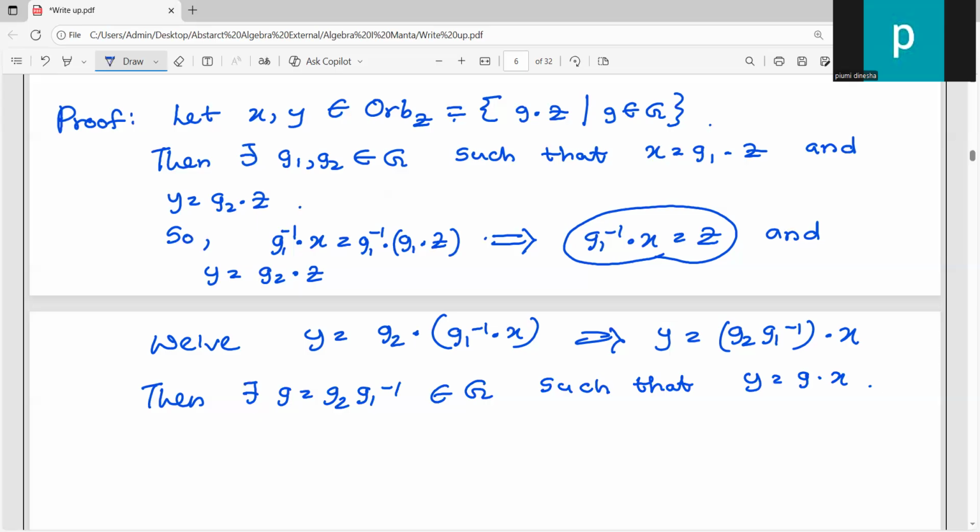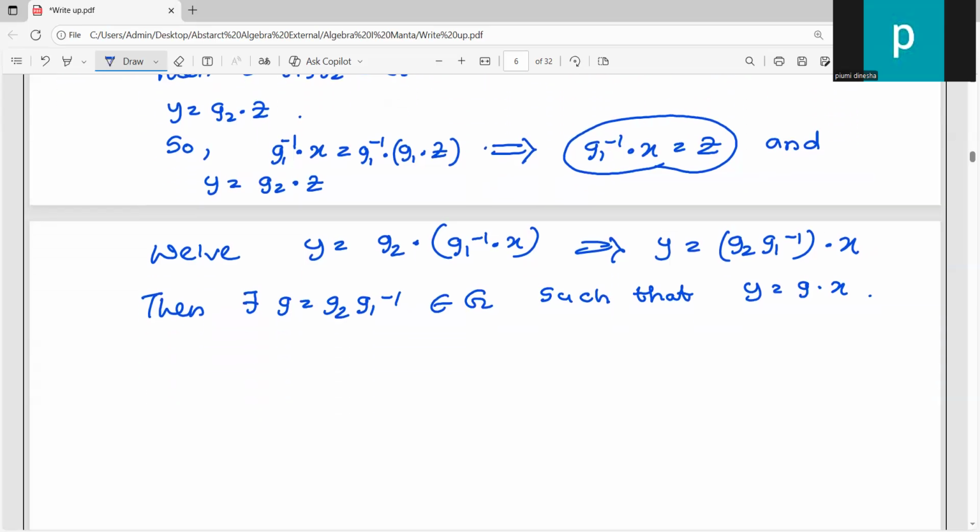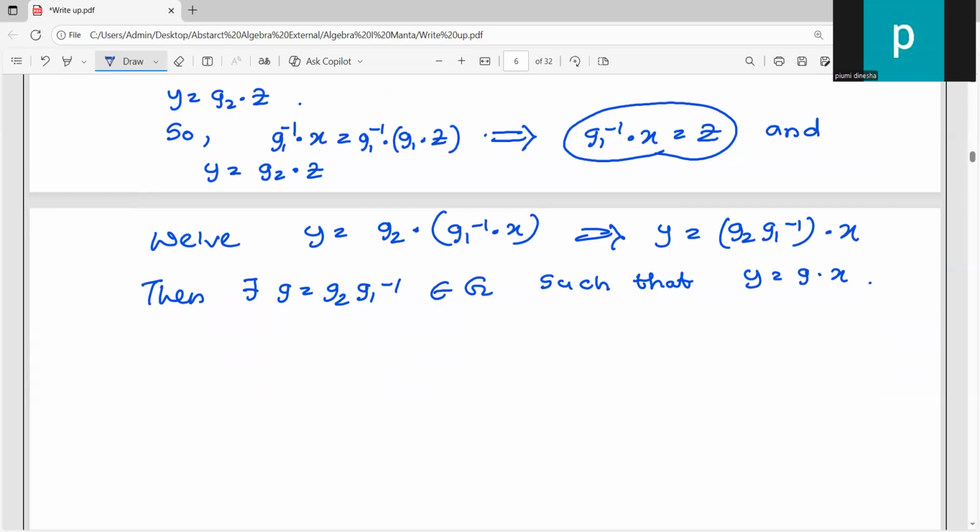Right. Now to prove the other direction, suppose y is equal to, let's say, g naught dot x for some g naught in G, right?